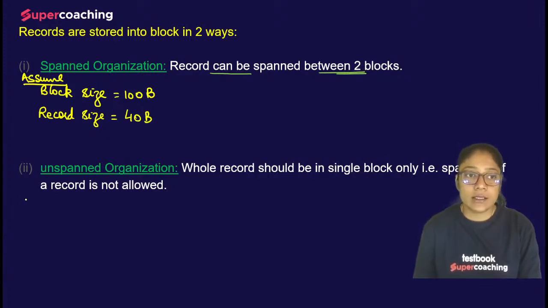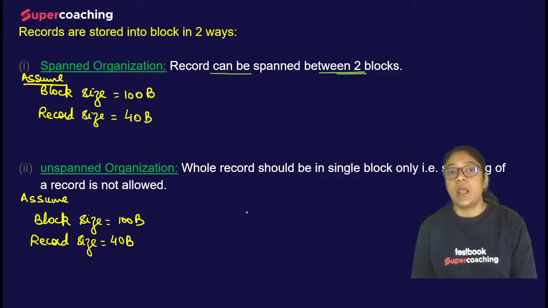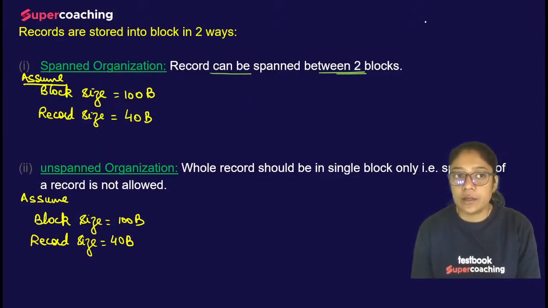Here also I will consider the same thing. Assume block size is 100 bytes, record size of 40 bytes. Now in this case, what will happen for spanned organization?